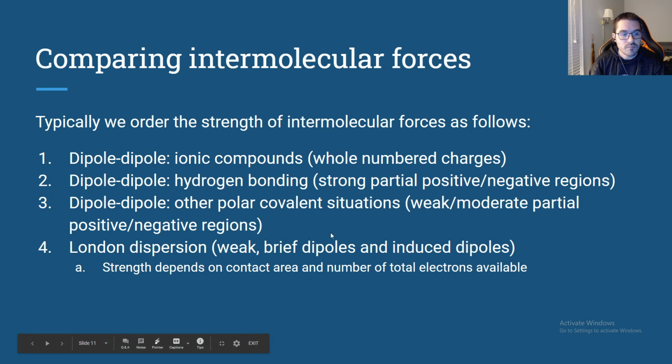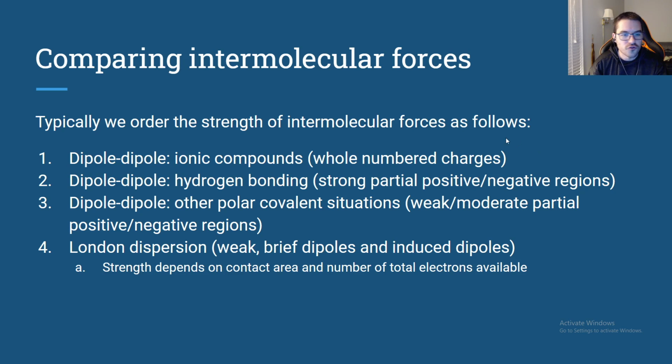Okay, so this list is, generally speaking, the relative strength of intermolecular forces. It's not always going to be exactly in this order, but this is a rough general rule that you can sort of follow.